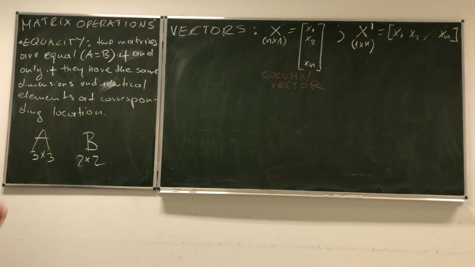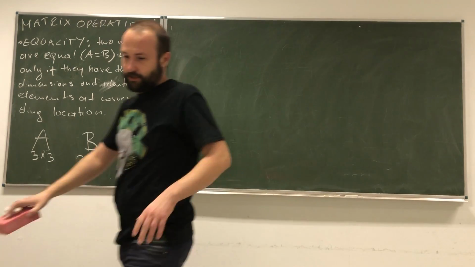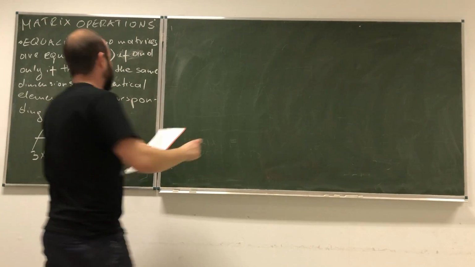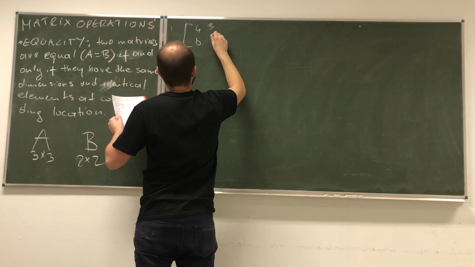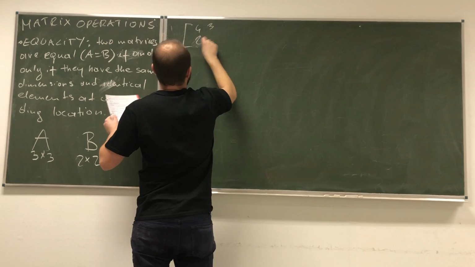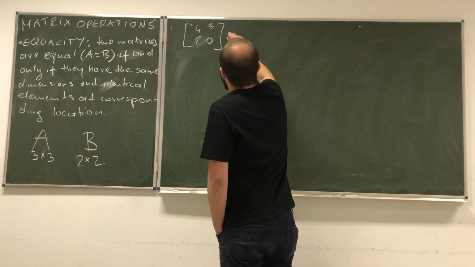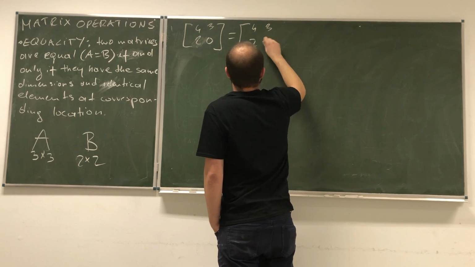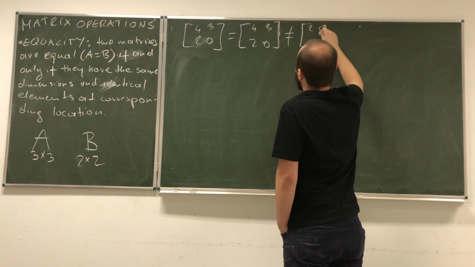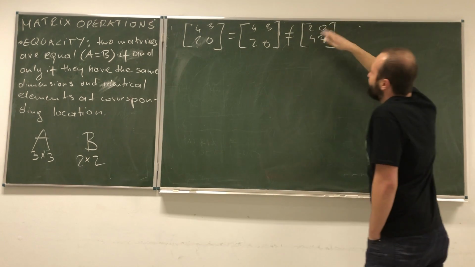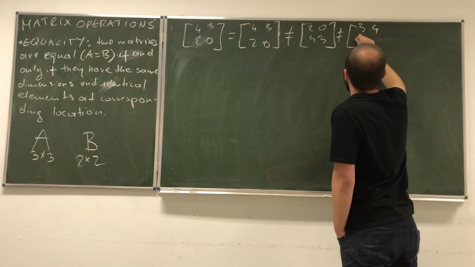Now, if we have two matrices with the same dimensions, for example, 4, 0, 3, 2, then this matrix is equal only to this matrix, and is different if, for example, I would have 2, 0, 4, 3, or if I would just change one number, two numbers, 3, 4, 2, 0.